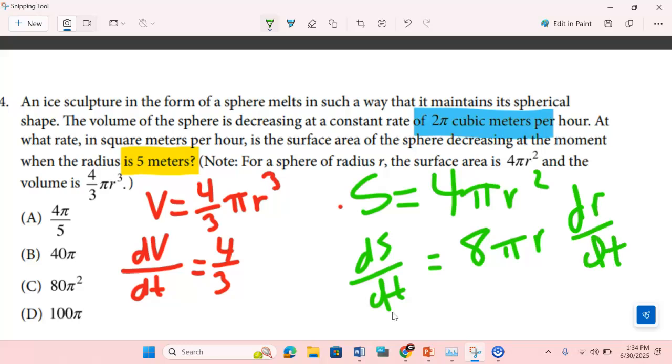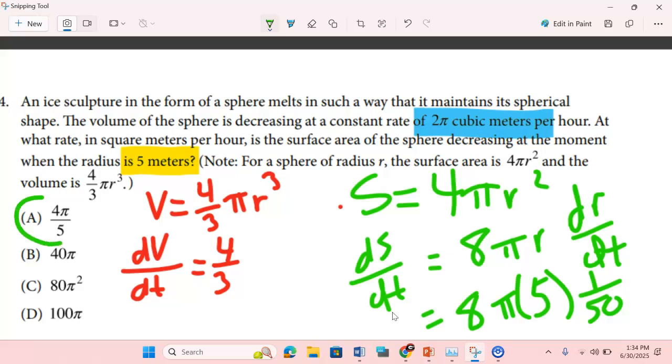But remember, we know dr/dt is 1/50th. So that's going to be 8 times pi times 5 times 1/50th. If you take all that, 8 times 5 is 40, and 40 divided by 50 is 4/5. So the correct answer will be A, 4/5.